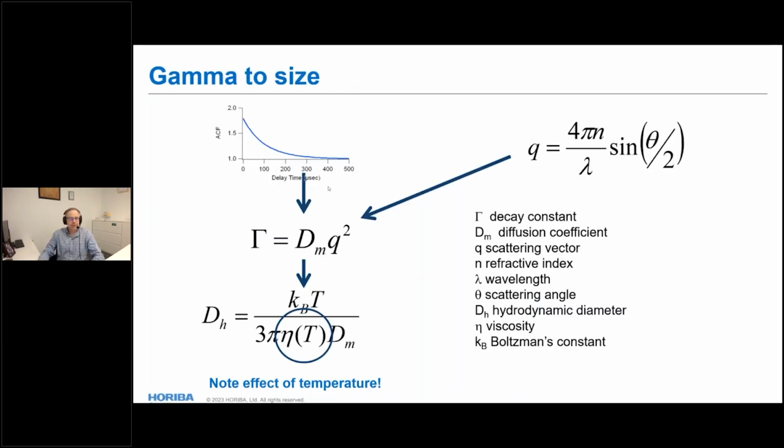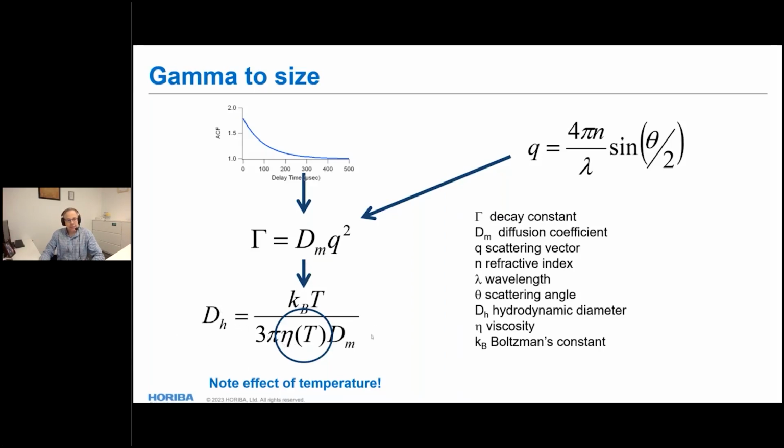So I'm going to take that decay constant from the previous slide and turn it into what's called the mutual diffusion coefficient. The decay constant gamma is the diffusion coefficient times the scattering vector squared, and that's a way to express the scattering angle and the wavelength in one compact place.